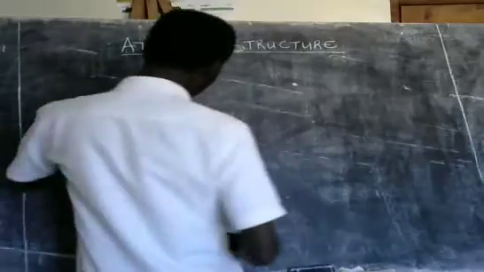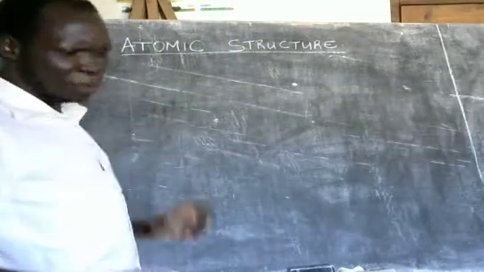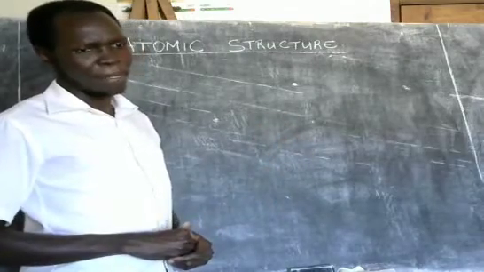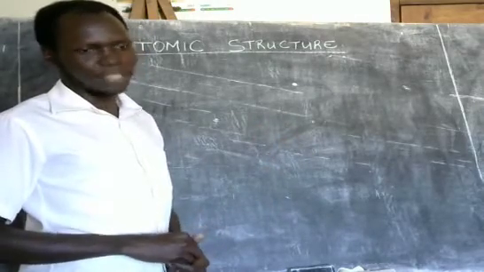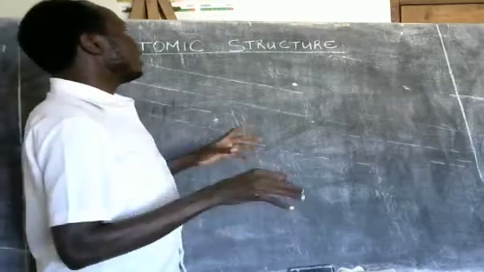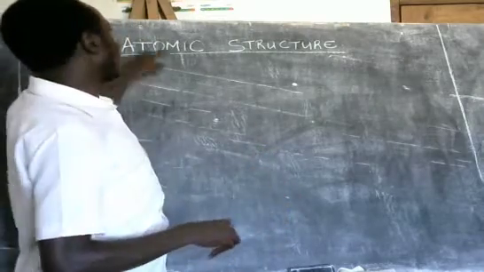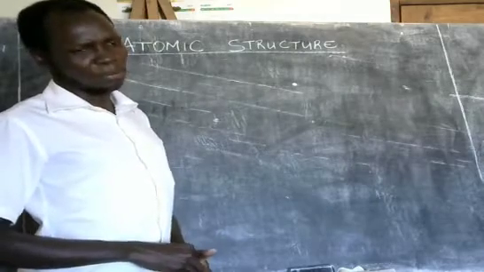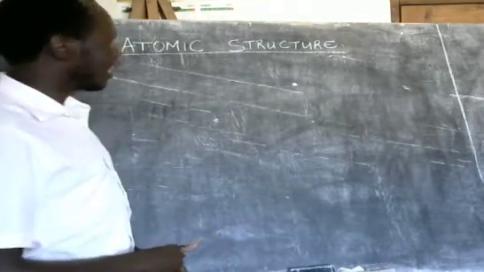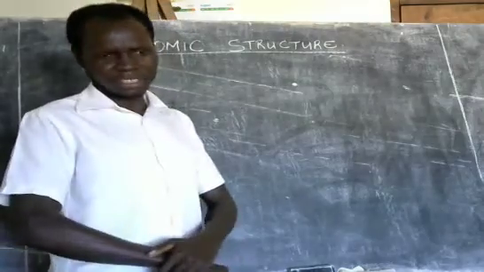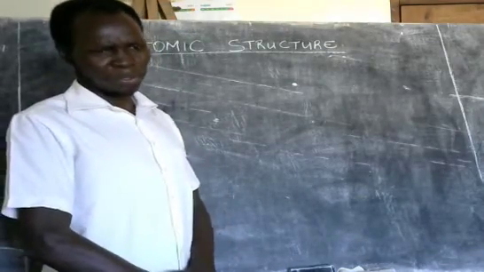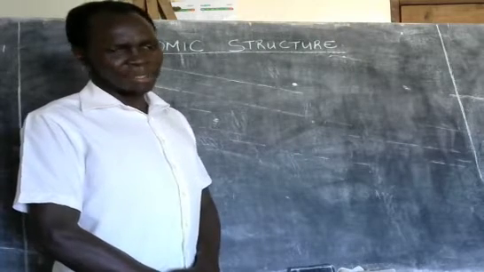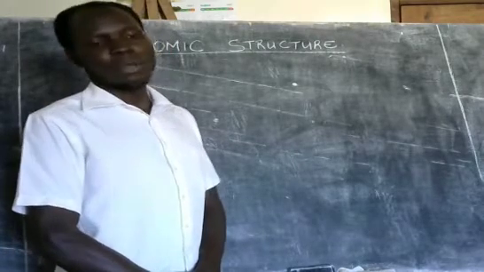Now, any matter that is around us, wherever you are, has its beginning point, and that beginning point is what we are calling the atom. Therefore, an atom is defined as the smallest indivisible particle of matter which can take part in a chemical reaction.